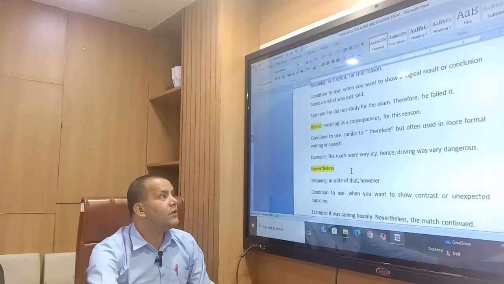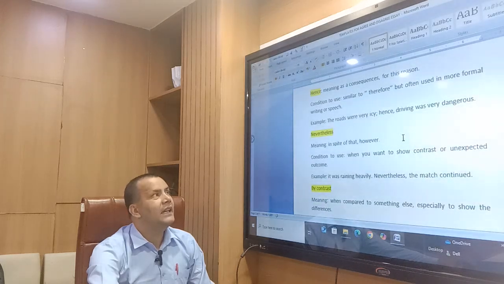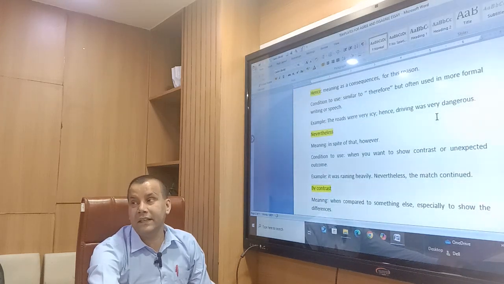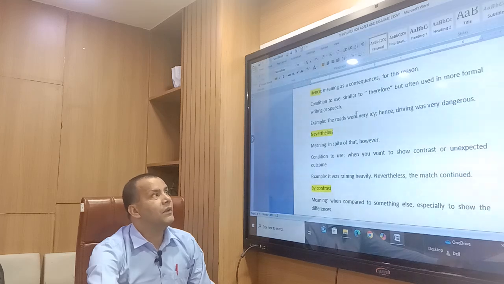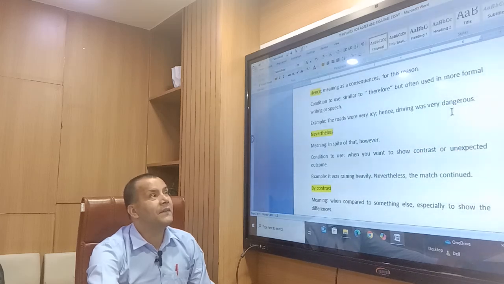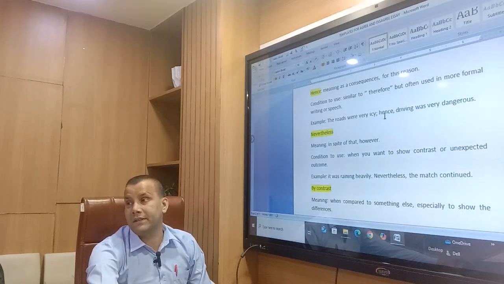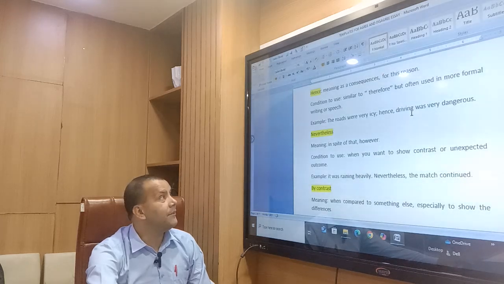Example: the roads were very icy; hence, driving was very dangerous. Here you have to use a semicolon. In IELTS writing, if you don't give your comma, if you don't give your semicolon, the examiner will reduce your marks. Be careful about it. Okay.